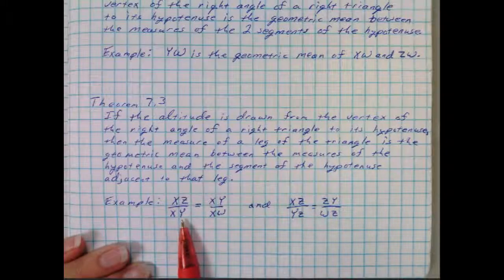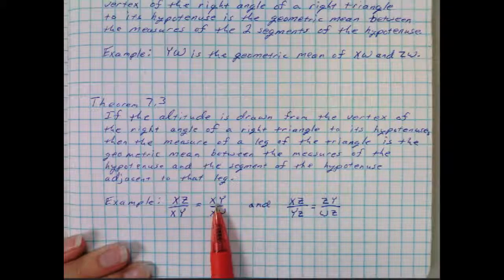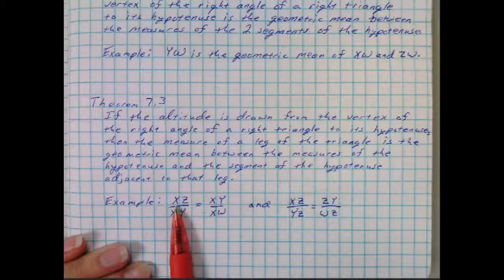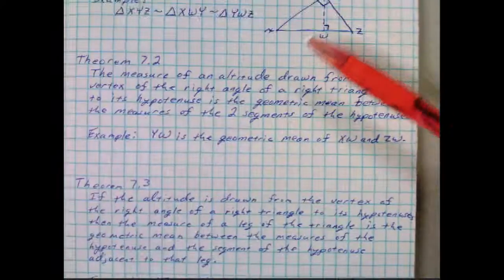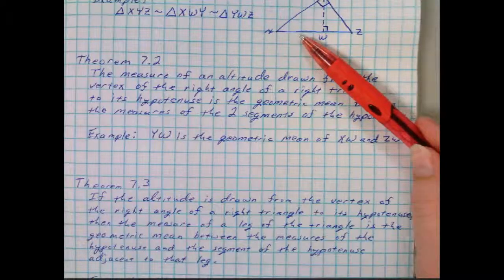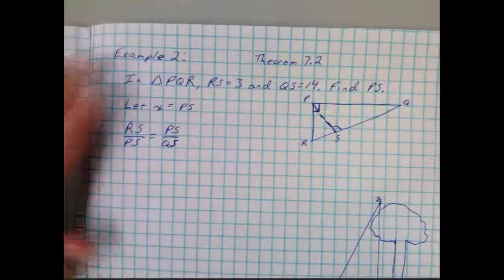So if you look down here, I have my XY's, that's my geometric mean, and then the 2 numbers, I have XZ, which is the whole hypotenuse, and XW, which is the piece that's adjacent. That's right here, the adjacent one. Alright, so let's get into some examples.